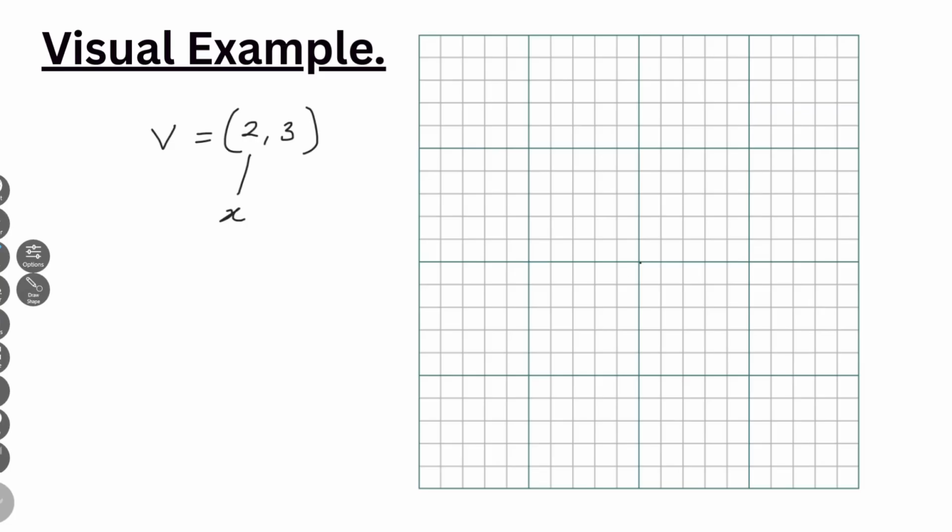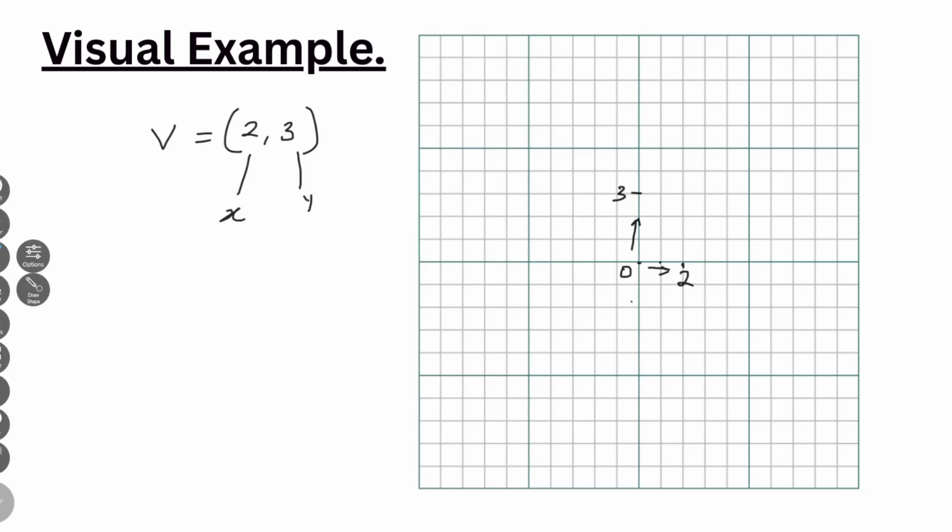So if here is my origin, which is (0, 0), I'll move 2 units, which is 1, 2, along the x-axis, and 3 units along the y-axis: 1, 2, 3. If we draw this, it is an arrow pointing from the origin to (2, 3).